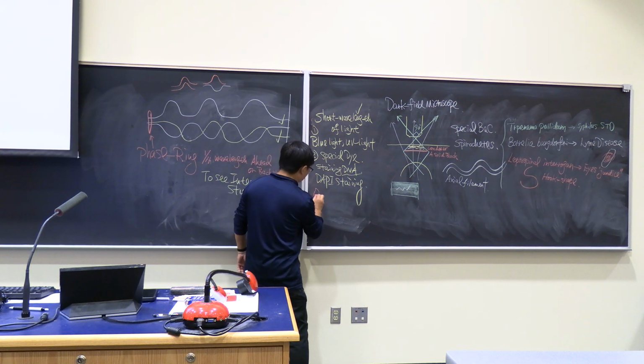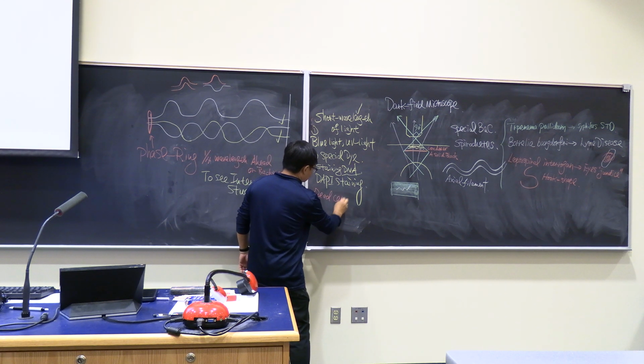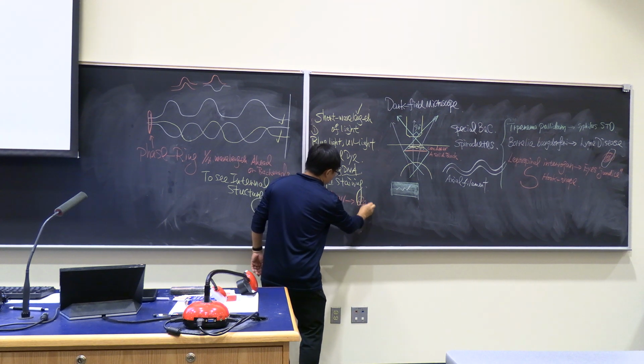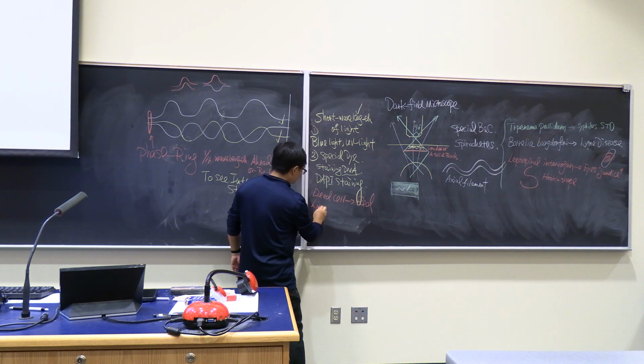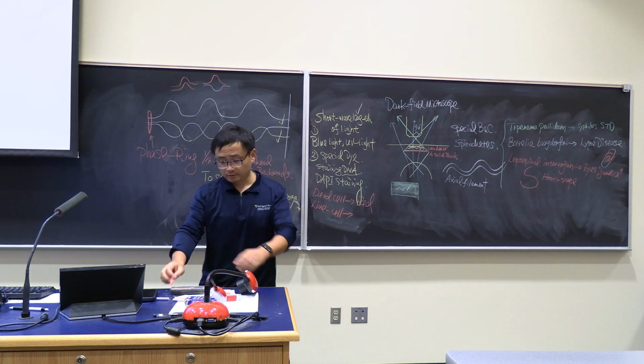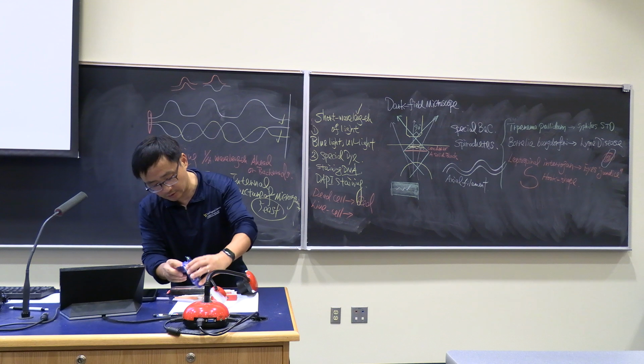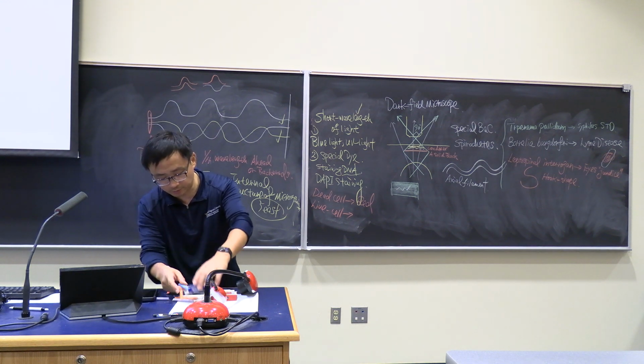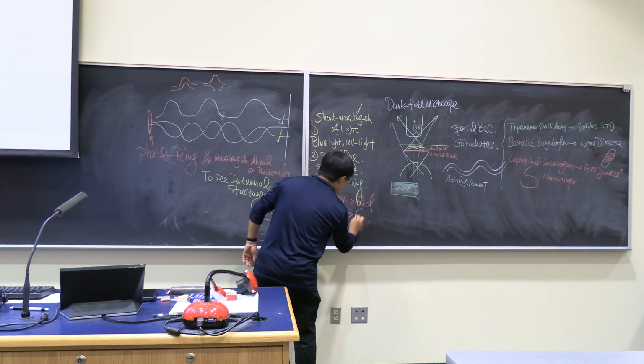If it's a dead cell, it is red color. A live cell is green color. I don't know whether I have a green color here. Okay, just use a blue one as an example.